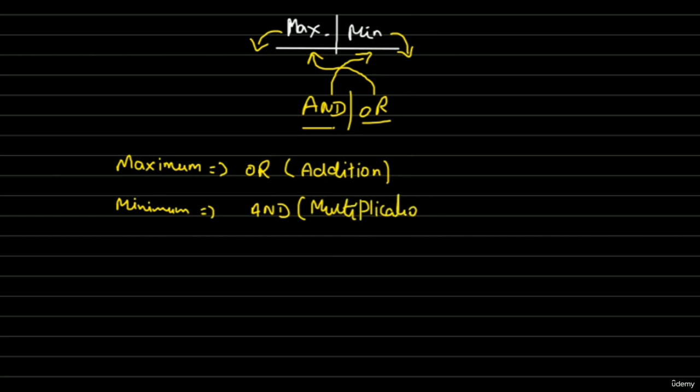So why did we suddenly jump into AND or maximum or minimum? Well, if you are pondering, you are absolutely right. It is related somehow to the Karnaugh map. That's why we are learning it, otherwise why would we have learned that.